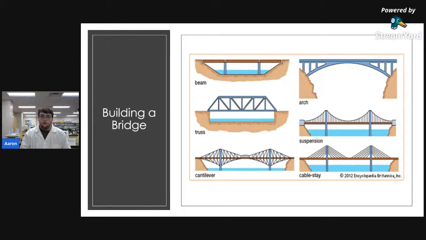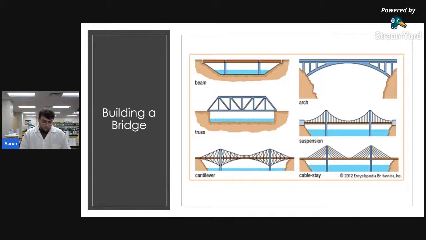Next up is a truss bridge, and you may be familiar with this type of bridge. It's very common, and it uses triangles. Triangles are one of the strongest geometric shapes in nature. This bridge has sides on it, and it can spread its force out more.